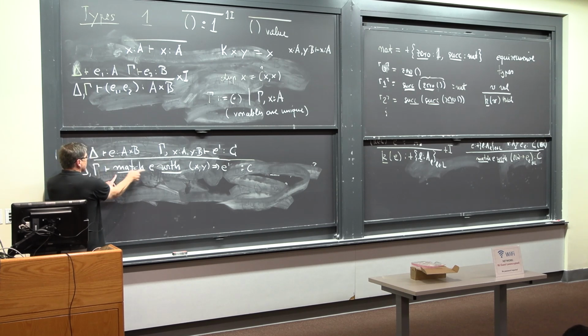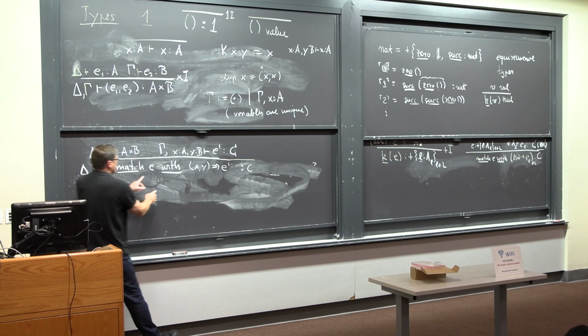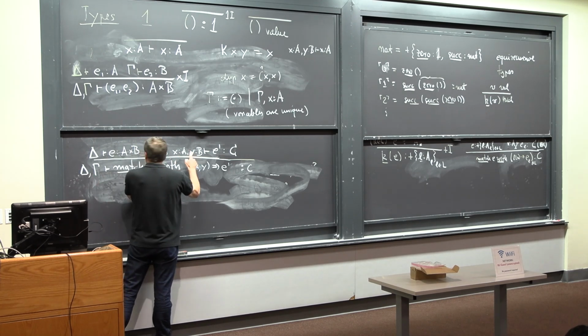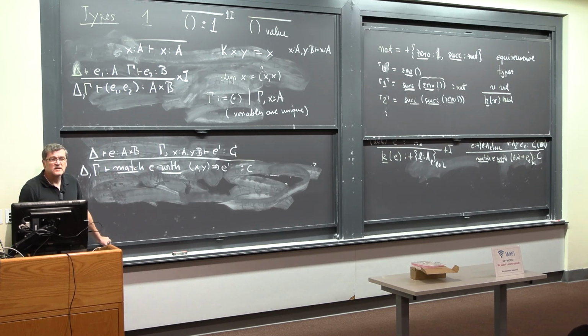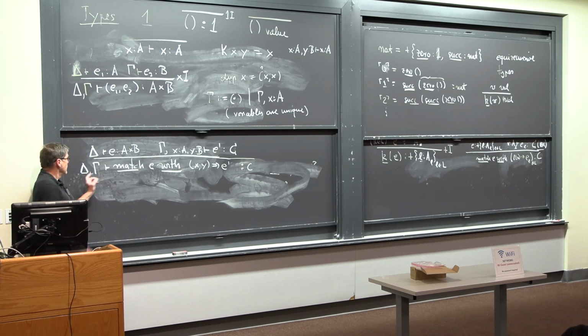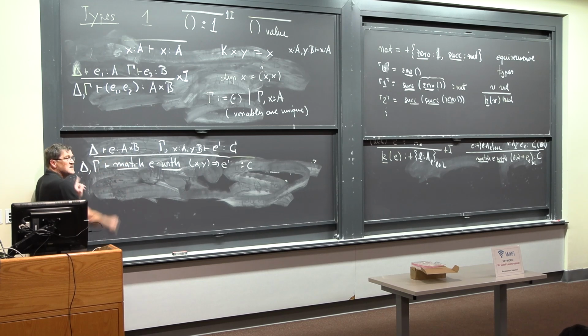Some go over here to check E, that's type A cross B, and the remaining ones go over here to check E prime with some additional assumptions. That's not really how you implement it, okay? Can anybody think of a way you might actually implement this? Because when you're down here, how do you know how to split all the assumptions you have? Some go here and some go there.